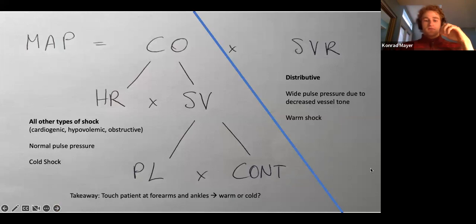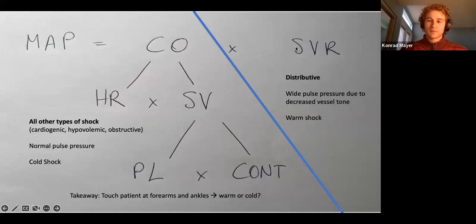Okay, so as I mentioned earlier, there are 4 different kinds of shock. So if a professor asks you, tell me about shock, you say there are 4 different kinds. First one is distributive, and this is the systemic vascular resistance.